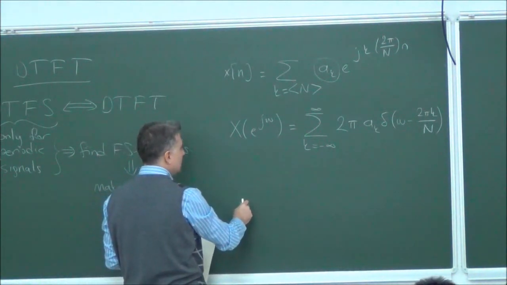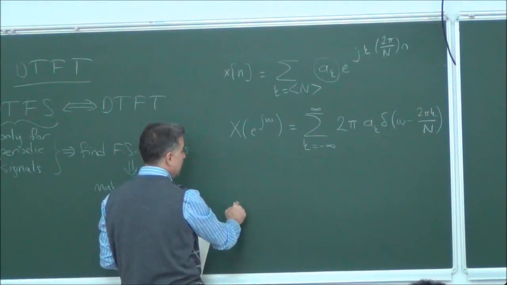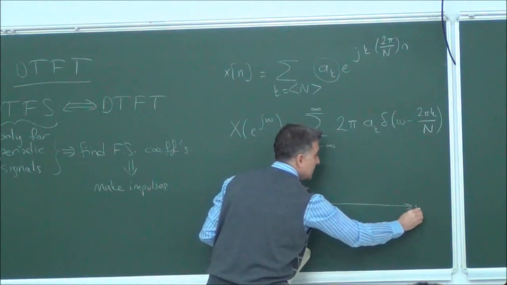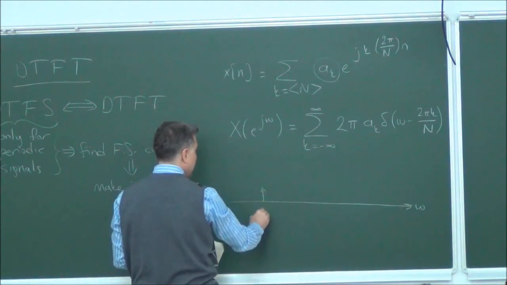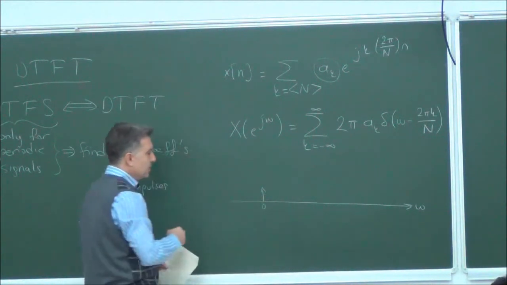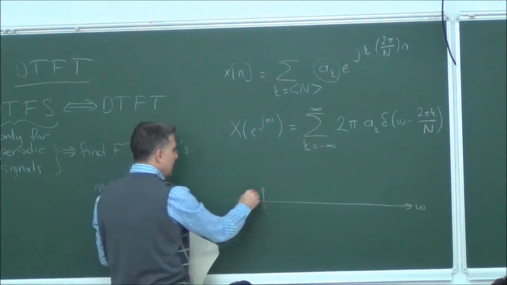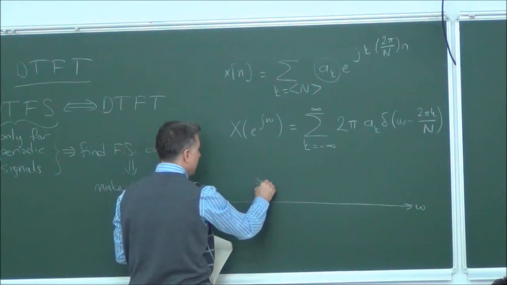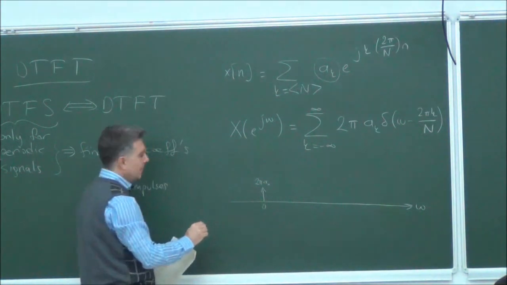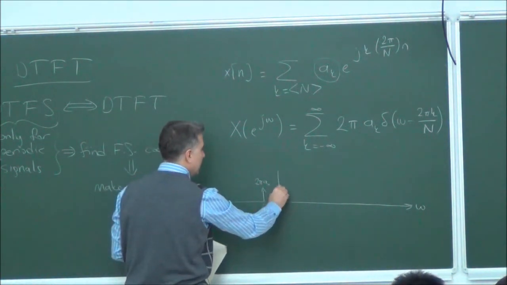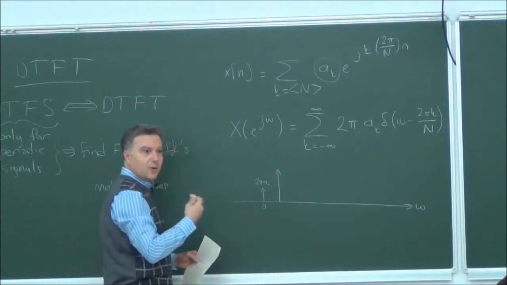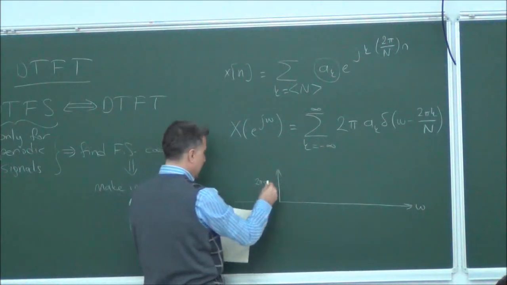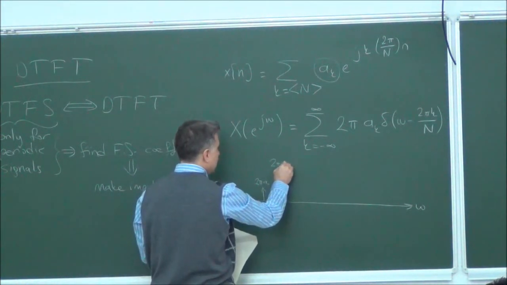So what does the overall layout look like? For example, if this is the frequency axis, it looks like this. You have at the frequency of 0 an impulse with the value 2 pi times a0, and then at the position of the frequency, and how are we going to find that frequency? We will think about that. 2 pi times a1.